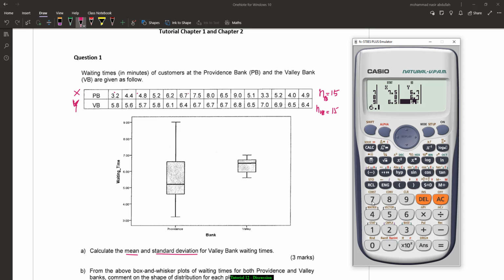So 6.7, right? Yes. First data is 5.8. Let's check again, I put it in first because I missed out this one.